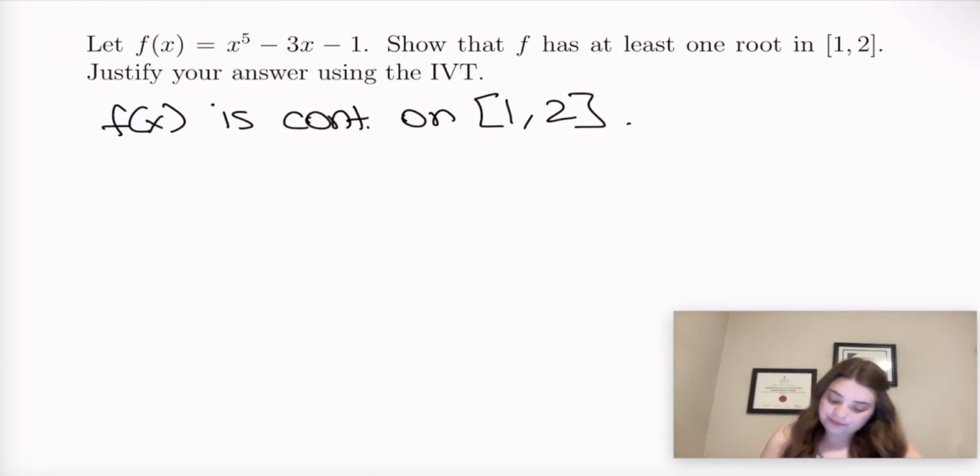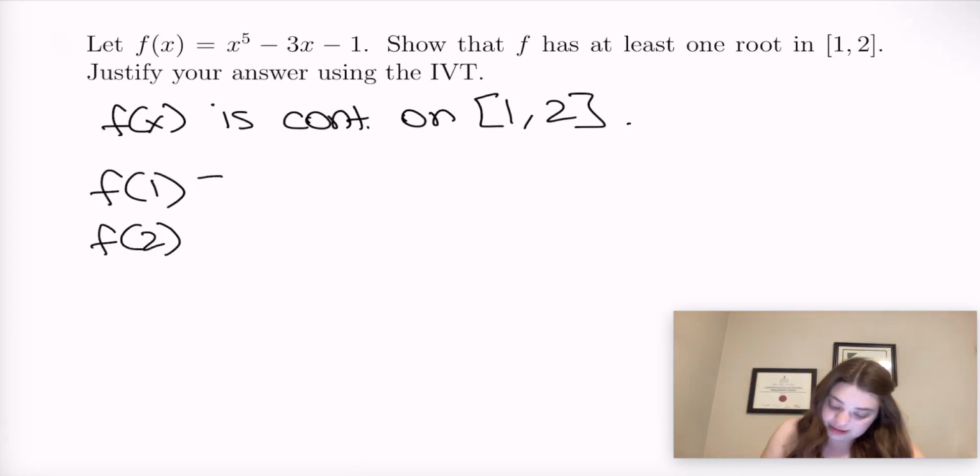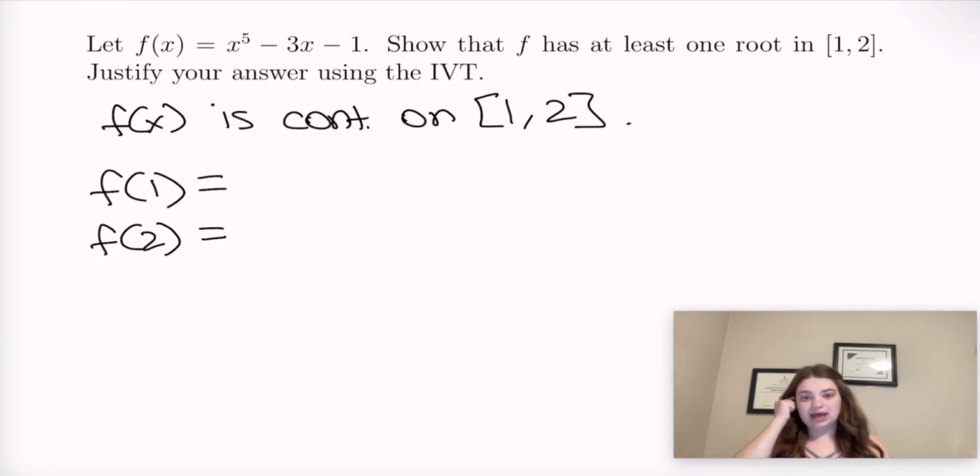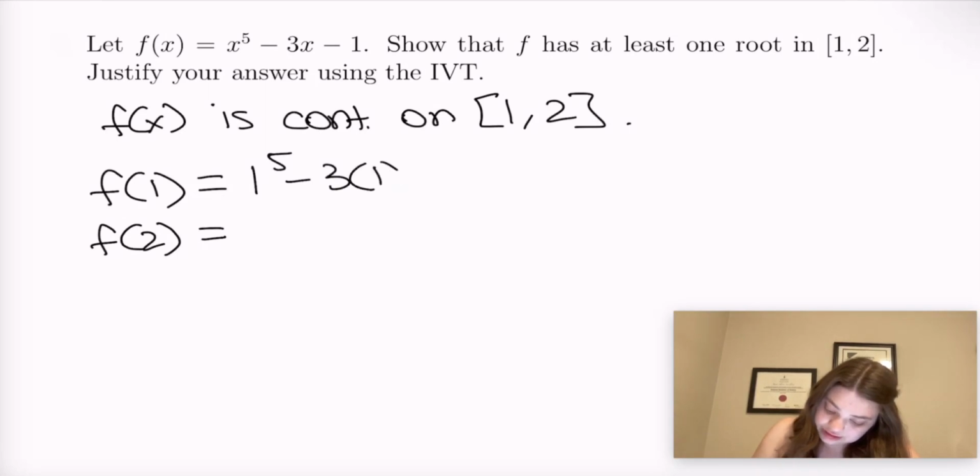So then what I'm going to do is find f of 1 and f of 2, and we're going to see if 0 is included in that, because if 0 is included somewhere there, then that means that there is at least one root. So f of 1 would be 1 to the power 5 minus 3 times 1 minus 1, which is 1 minus 3 minus 1, which is negative 3.